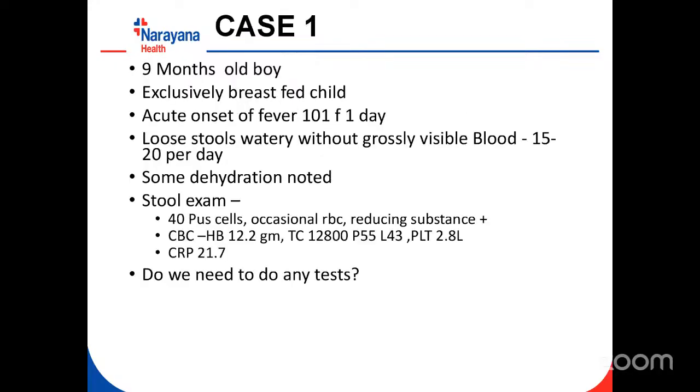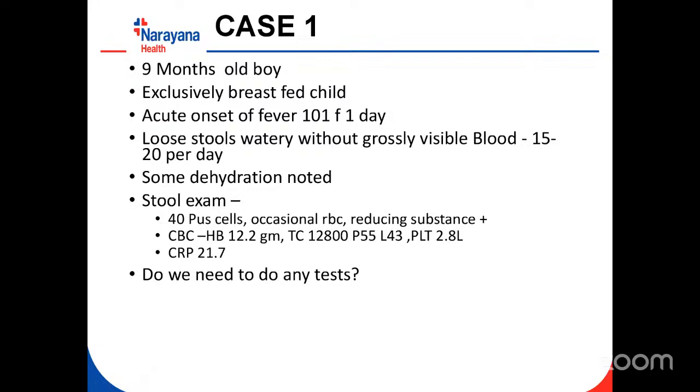Since we have time, let's go through the cases. You all can write down in the chat box what is your impression. A 9-month-old boy, exclusively breastfed, came with acute onset of fever of 101 and had loose watery stools without any blood, 15 to 20 per day, some dehydration.